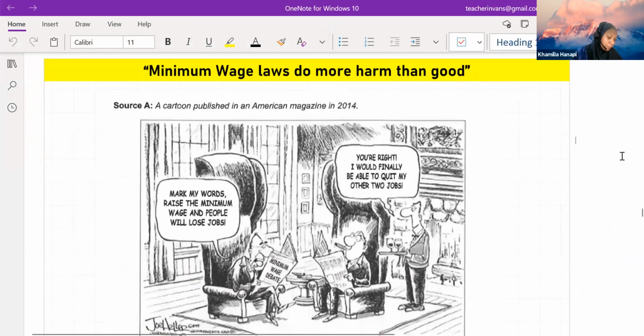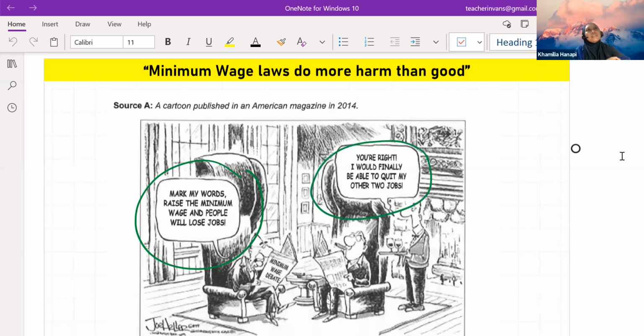That means there are people who are going to lose their jobs. There are also people who are going to benefit because they are now able to earn a decent living without sacrificing their time and effort. They don't have to be so tired to get so many jobs, because now at least it is a decent pay. So it's a yes and no, isn't it?